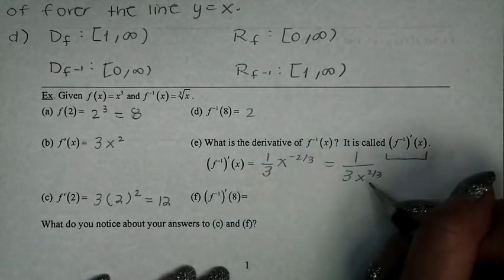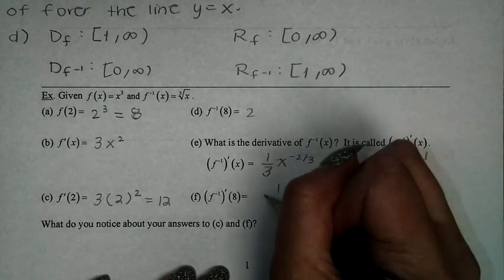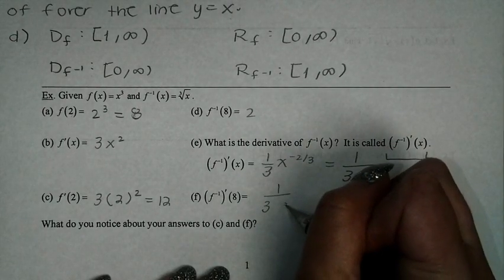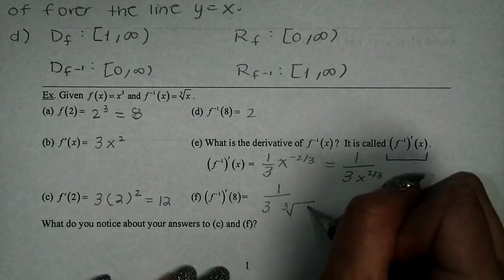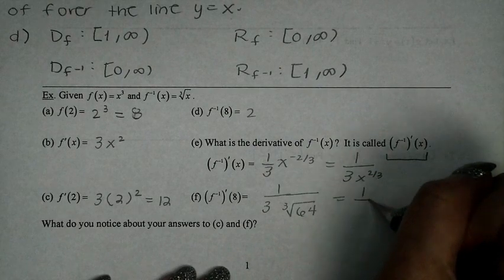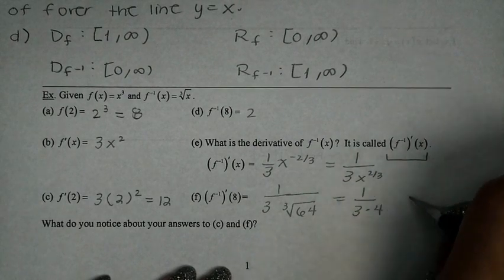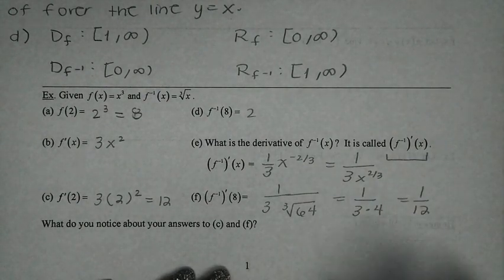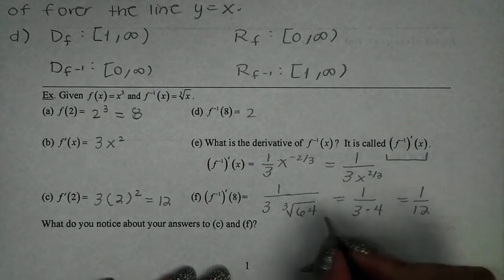Now evaluate that at 8. If I plug the 8 there, technically what you have is the cube root of 8 squared, which is 64. The cube root of 64 is 4, so you have 3 times 4, which is going to be 1 over 12. So you have that from the evaluation.